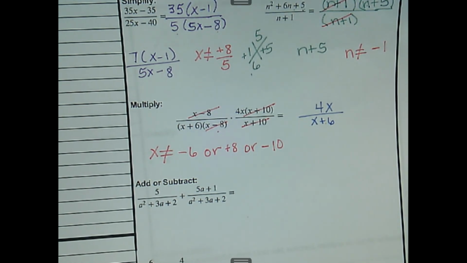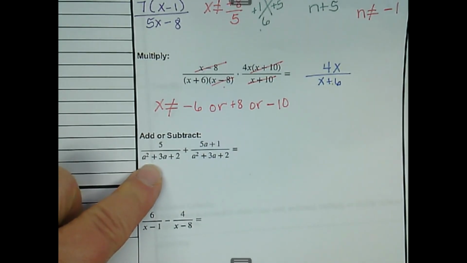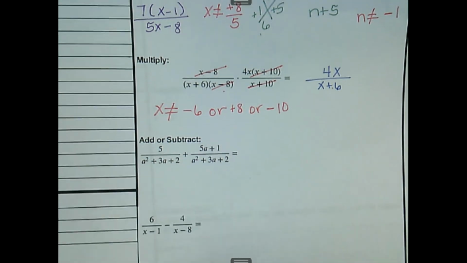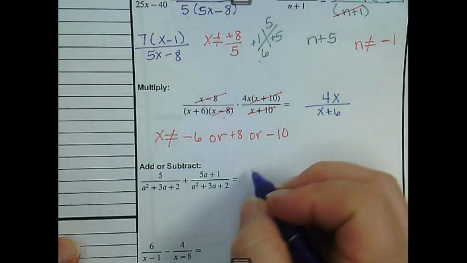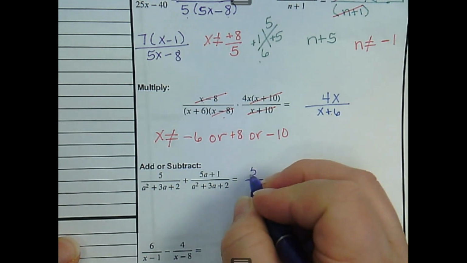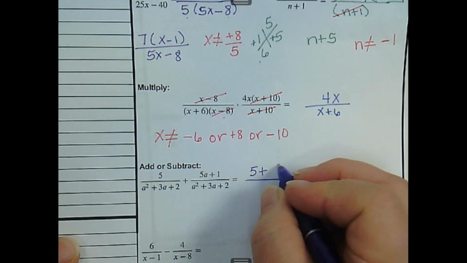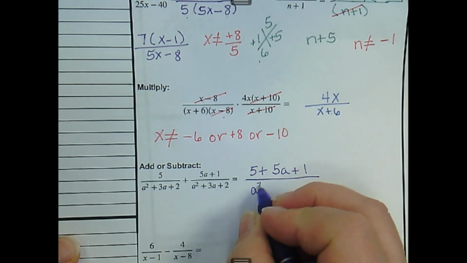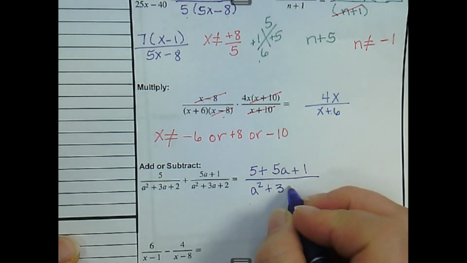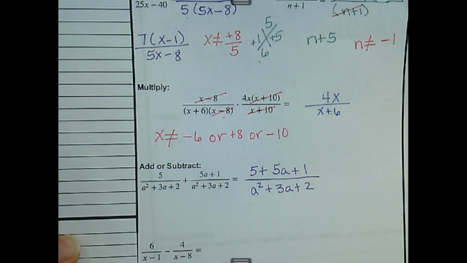When you add and subtract, as long as you have the same denominator, you're in good shape. You just have to add what's on top. Five over a squared plus 3a plus 2 plus a... 5a plus 1 over a squared plus 3a plus 2.